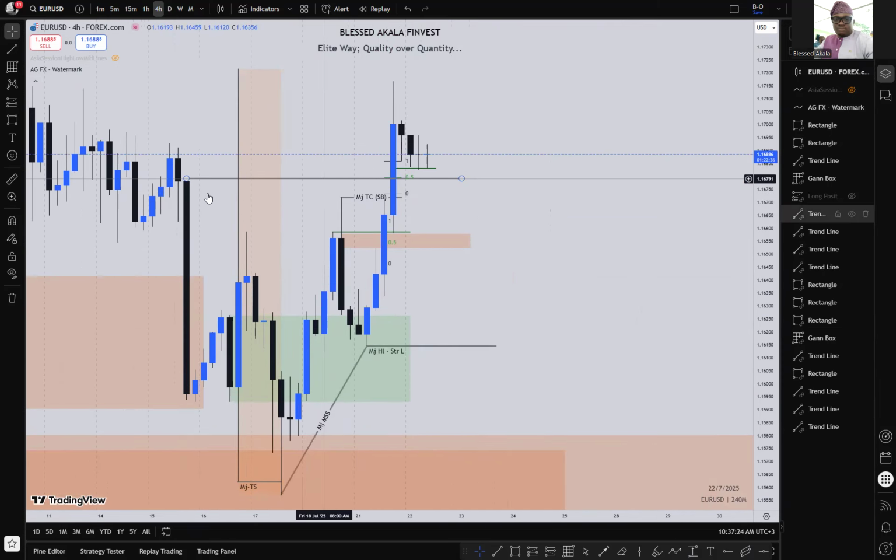And sensing this internal structure to react from, I was actually hoping that this leg might send the price into this low for us to buy from this level. So I was anticipating, seeing all this reaction, and as you can see, the market just does wherever it pleases. And I was actually expecting this leg to be taken out.